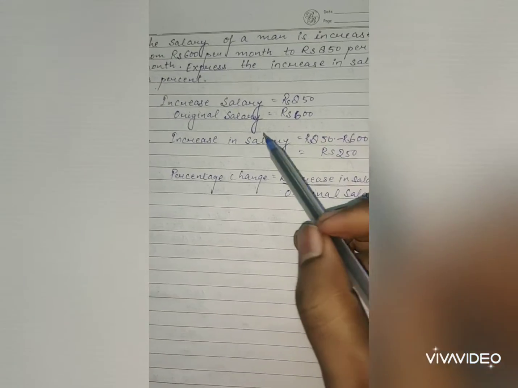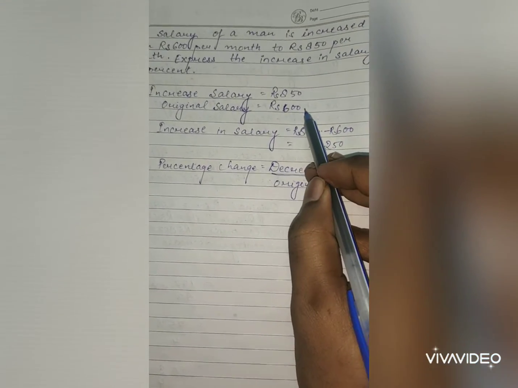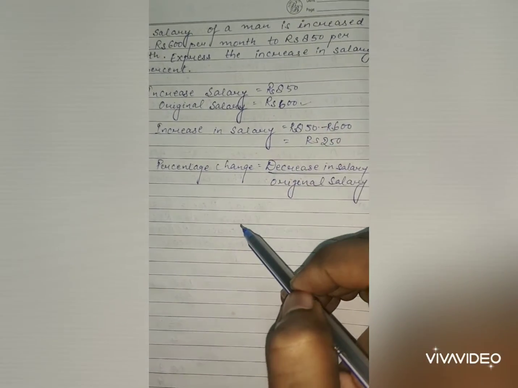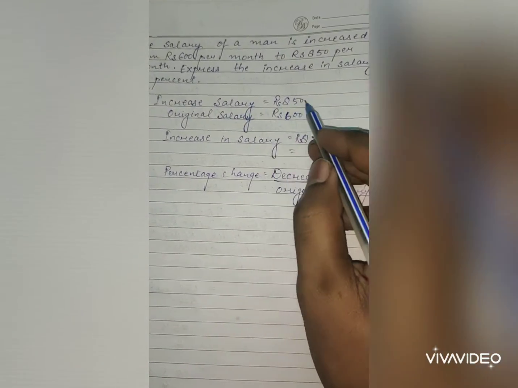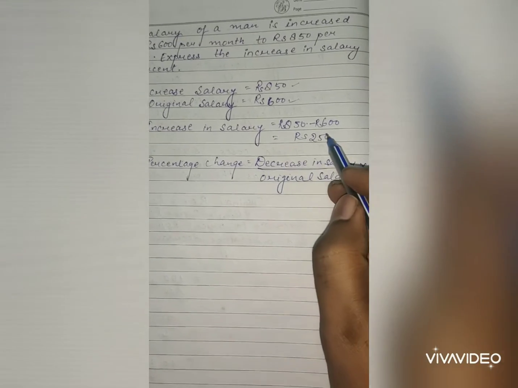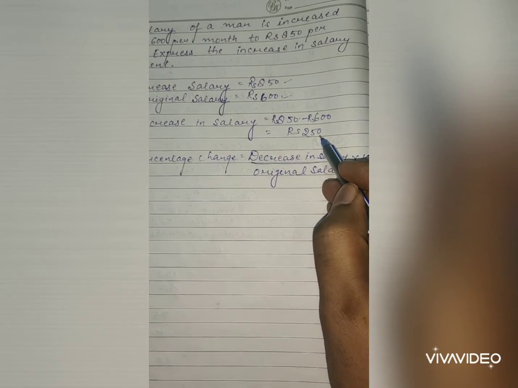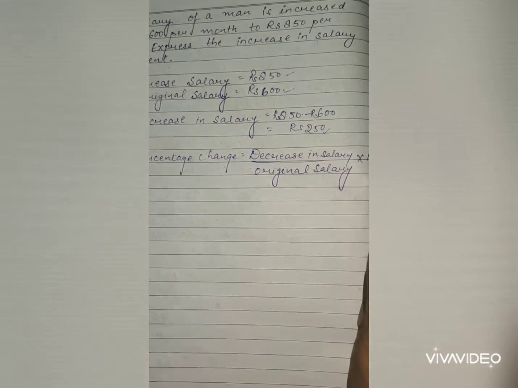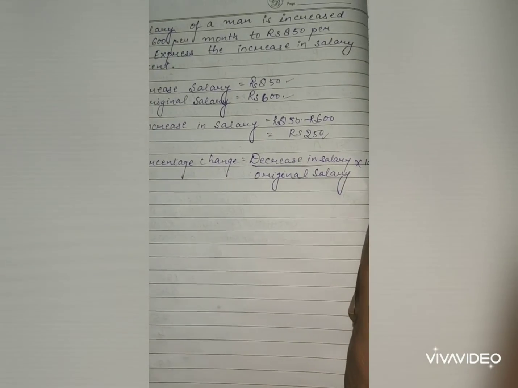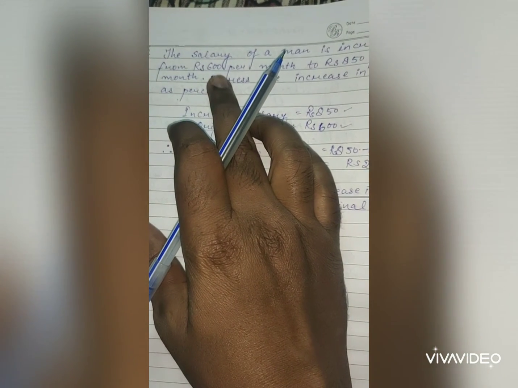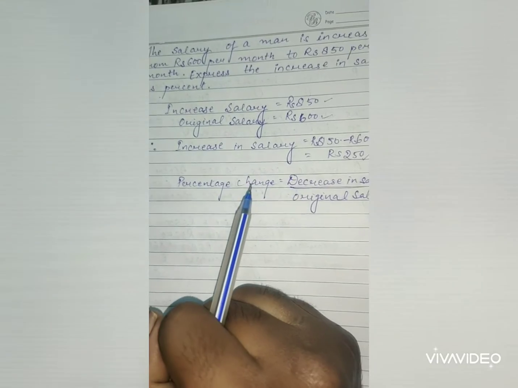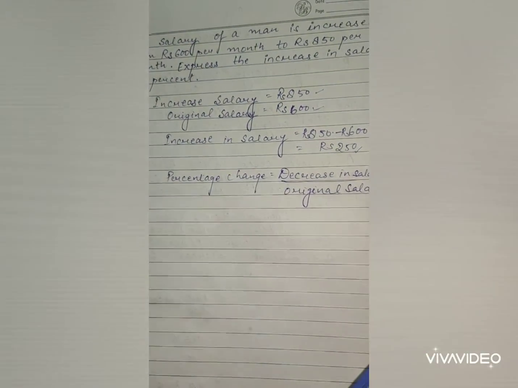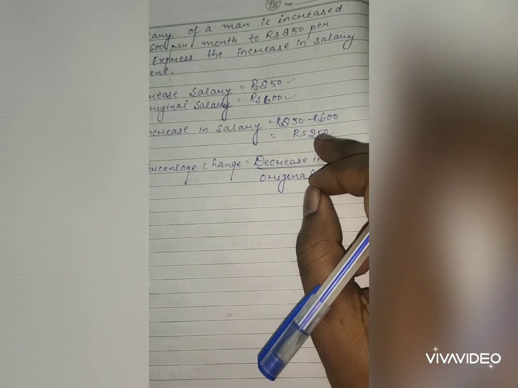So actually initially he was getting rupees 600. Clear? Then after some time he got rupees 850. Out of which we have calculated that 250 was the increase in his salary. But if we see the initial stage, when he was earning 600 rupees, how much less salary was he getting?